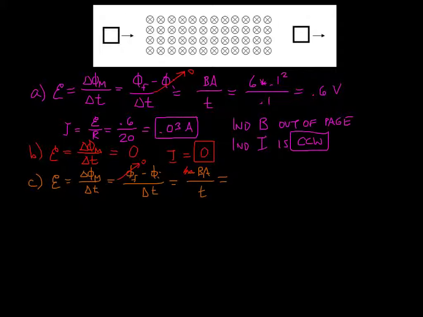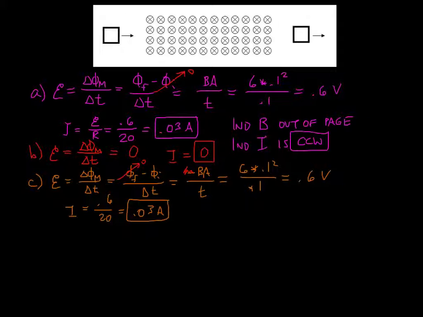So this is exactly equal to what we had in Part A, which is 6 times 0.1 squared divided by, it takes 0.1 seconds to exit the field, and that is equal to 0.6 volts, which means the current is the same as before, 0.6 over 20, which is 0.03 amps.